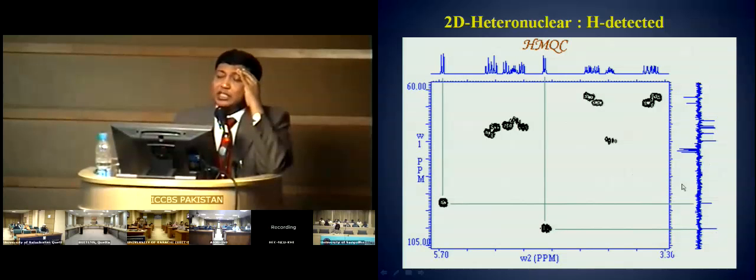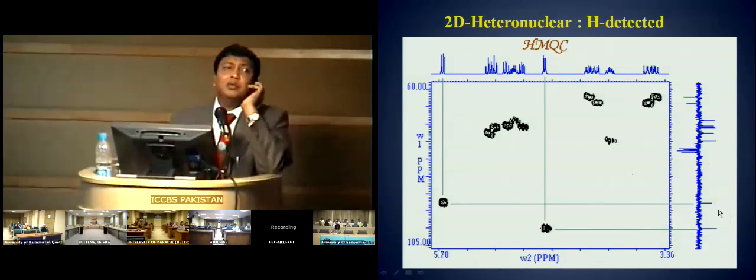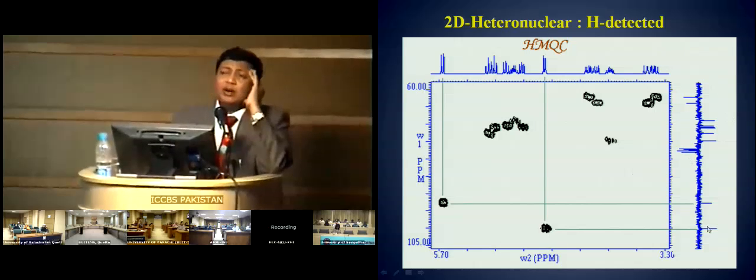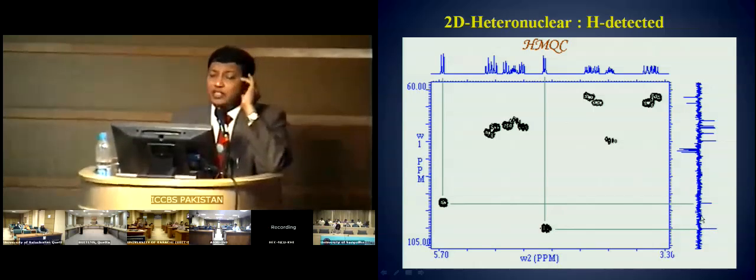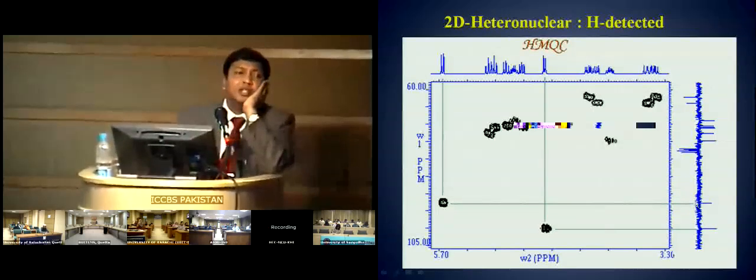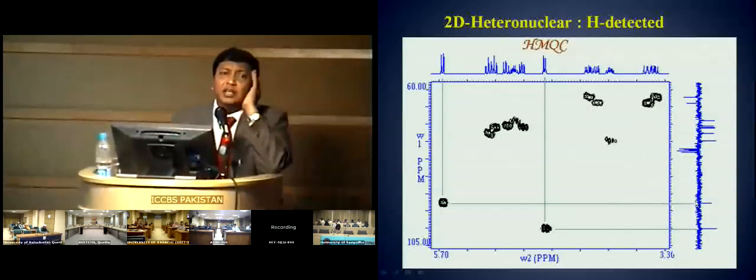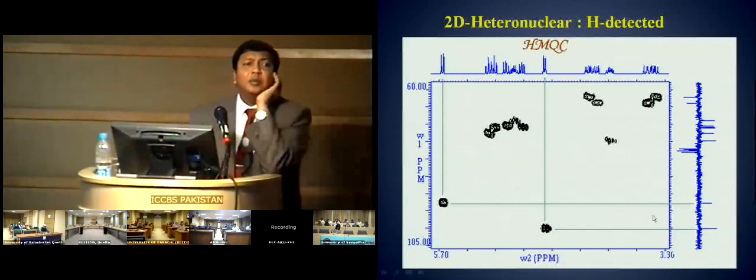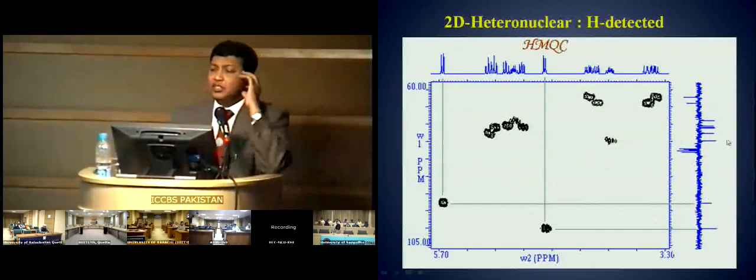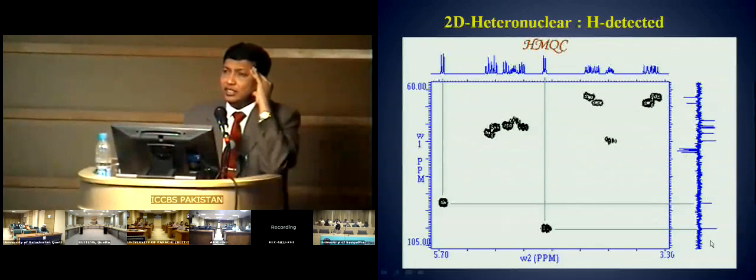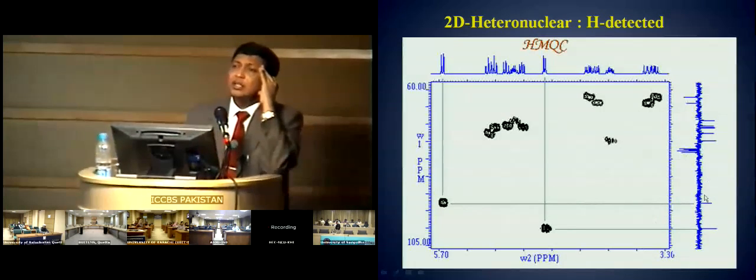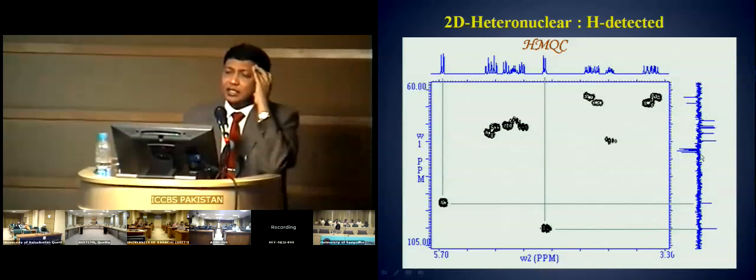And remember, this carbon is separately recorded and pasted on your NMR spectrum just for the ease of information. You don't need to have this, you can always say that this proton is connected to a carbon which is at this position. You don't need to see the carbon, but for the ease of interpretation, they record the C13 separately and place it on the other frequency axis.